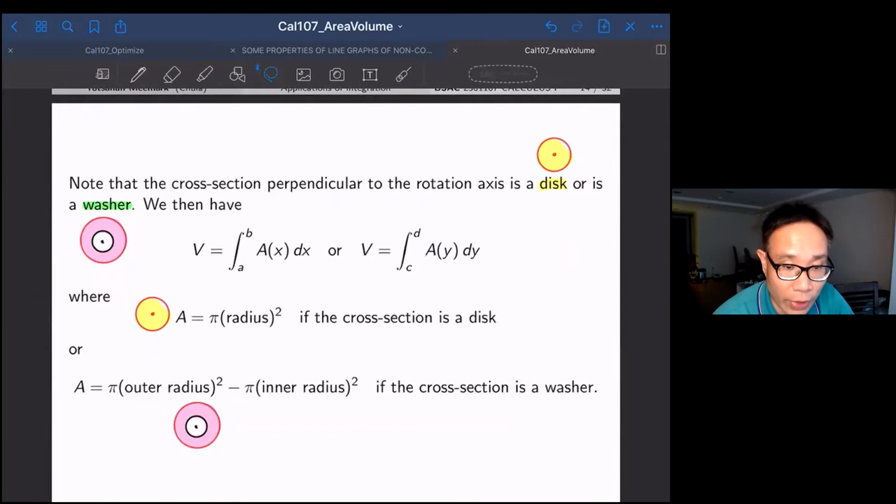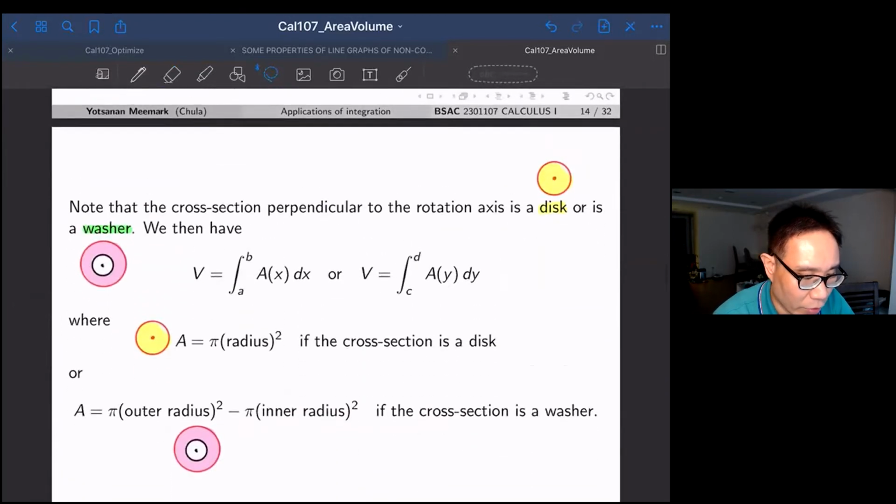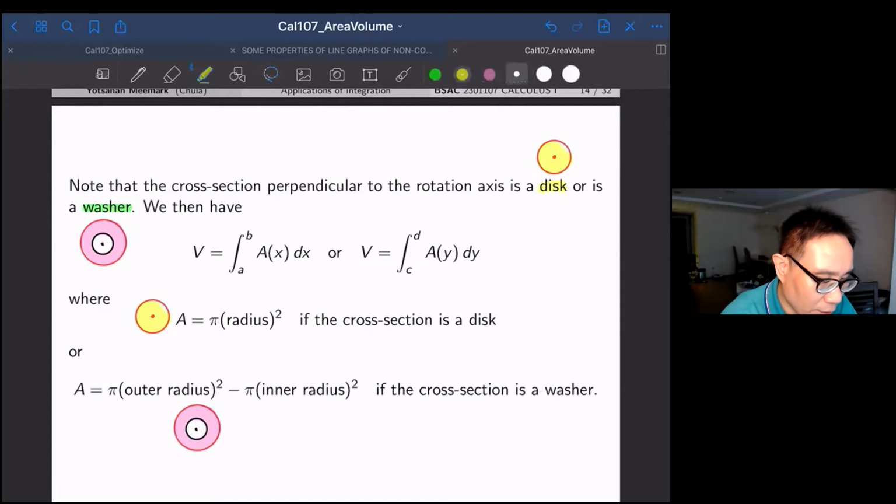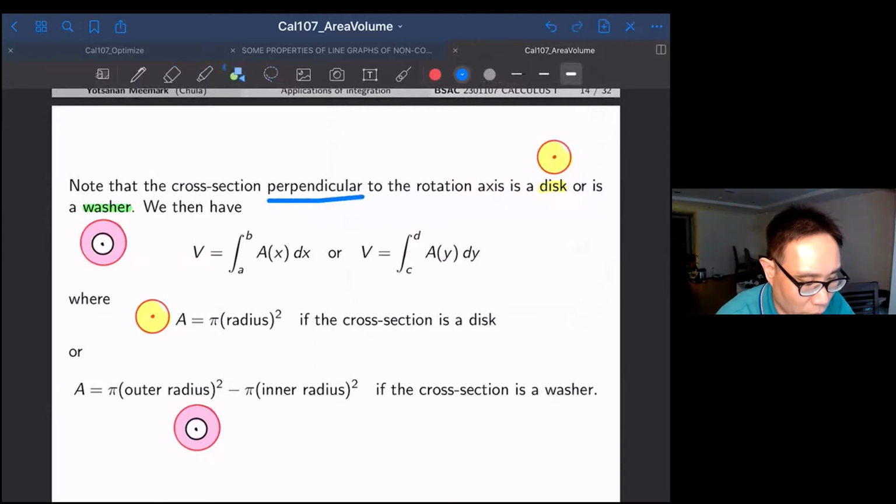So you have two cases, and then you just integrate A(x) dx or A(y) dy depending on the rotational axis that you have. You first identify your rotational axis and you have to find the cross section perpendicular to the rotational axis.